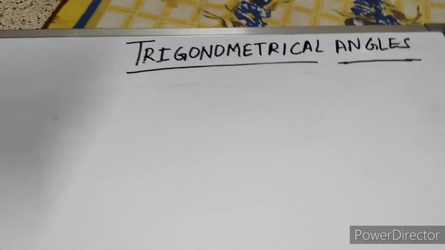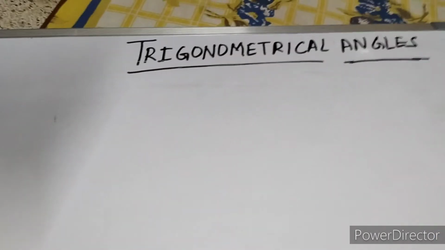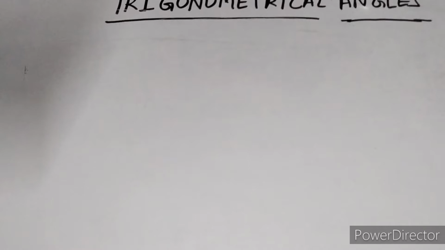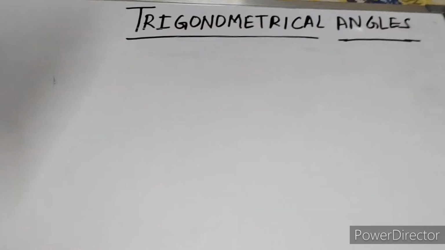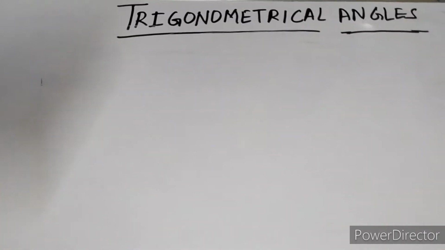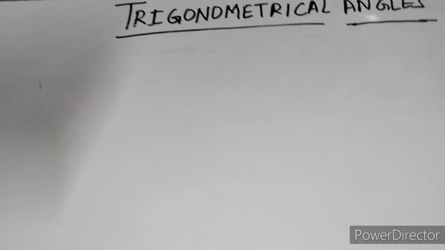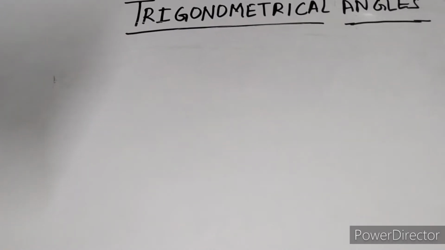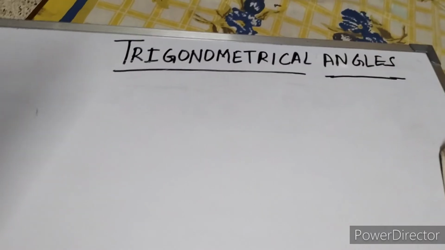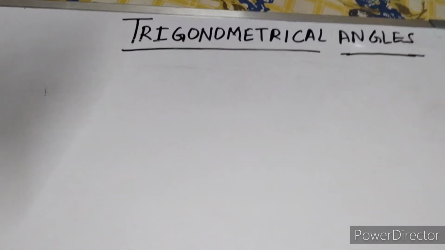Now I will explain the part of trigonometric angles, basic knowledge about trigonometric angles. Trigonometric angles are also essential for the trigonometric identities problem solutions and also in heights and distance. So both trigonometric ratios and angles are important. Now trigonometric angles, generally students forget what angle is what. So it's my request to the students that you practice lots of sums.